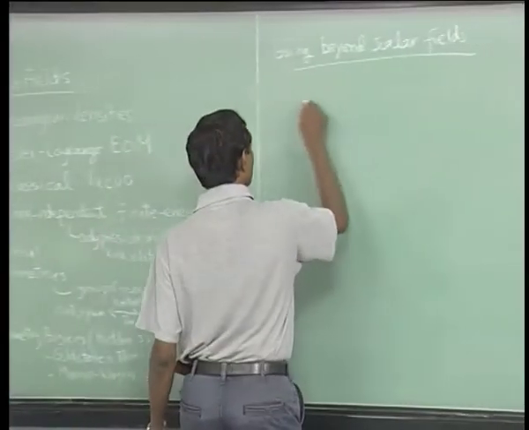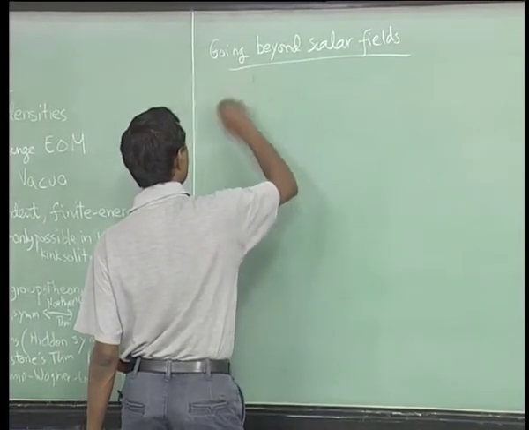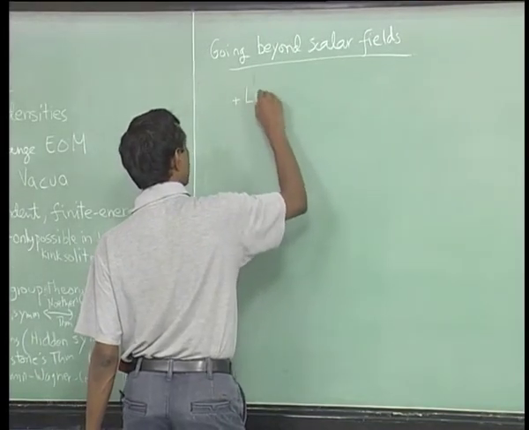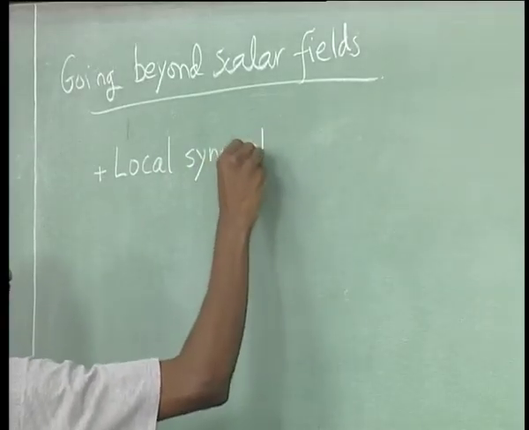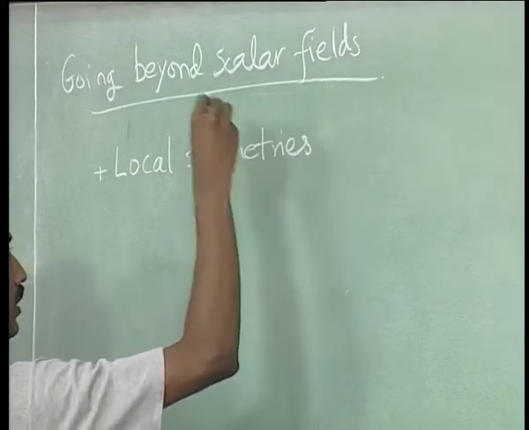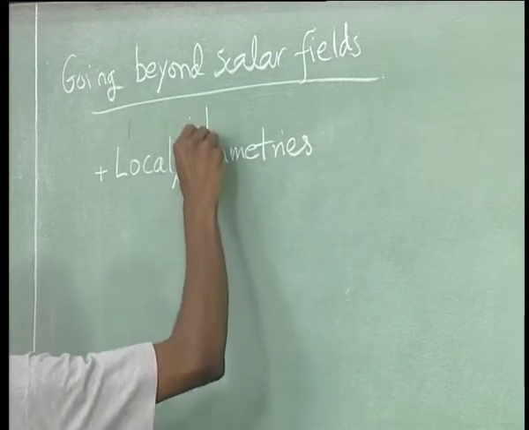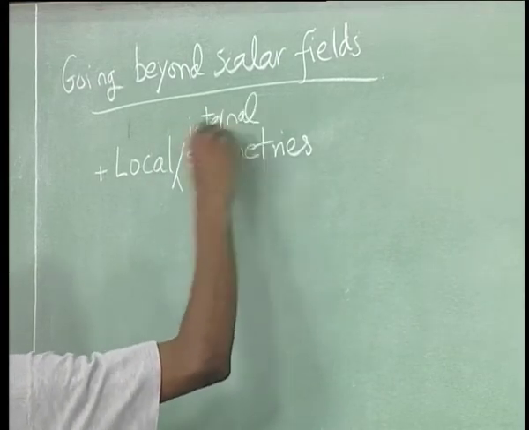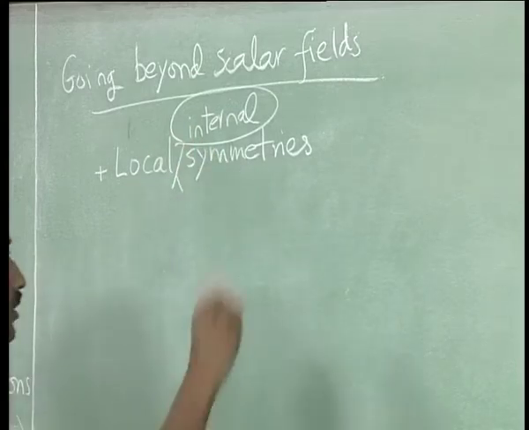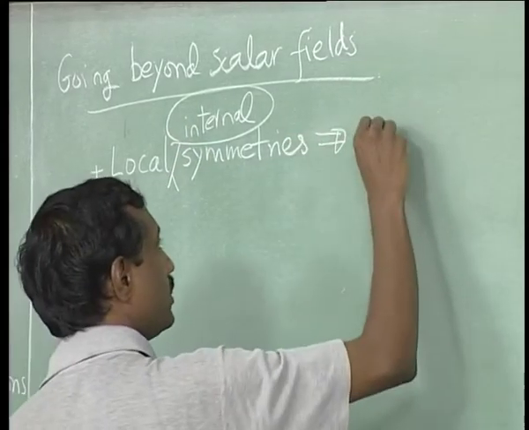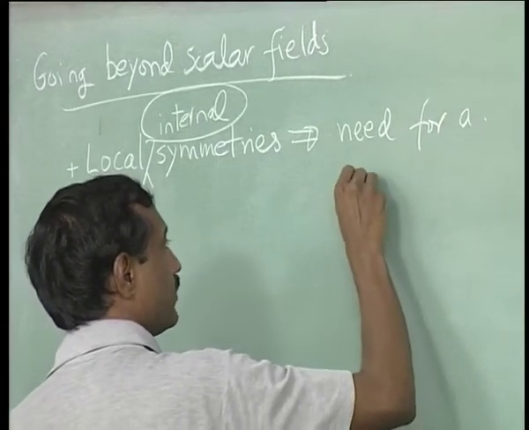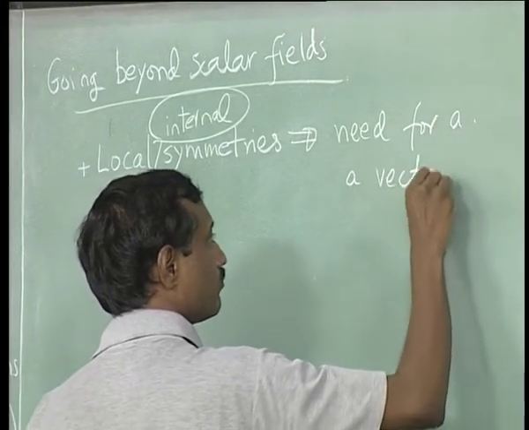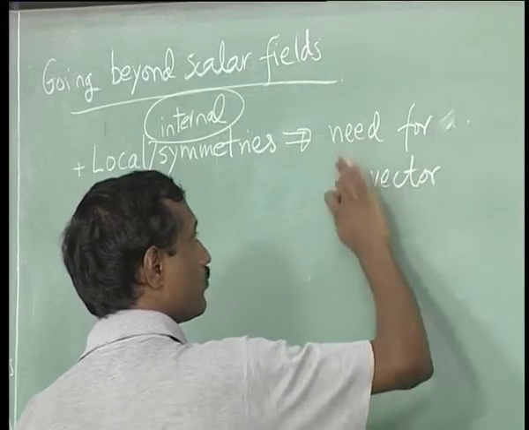So, the route we followed is to look at local symmetries. We only looked at internal symmetries, and this implied the need for a gauge field or a vector field.